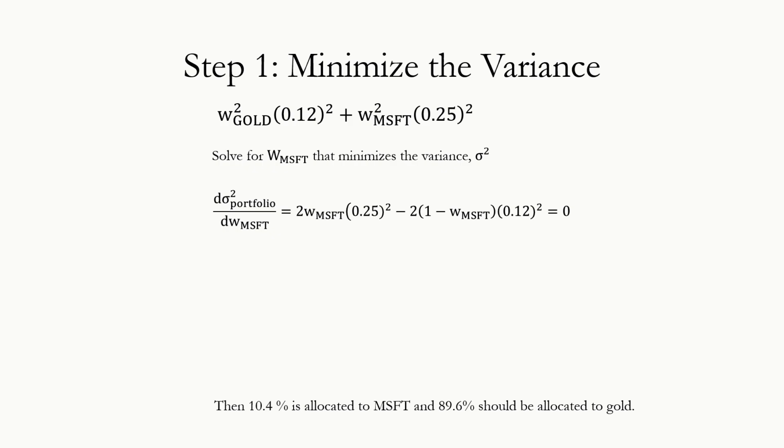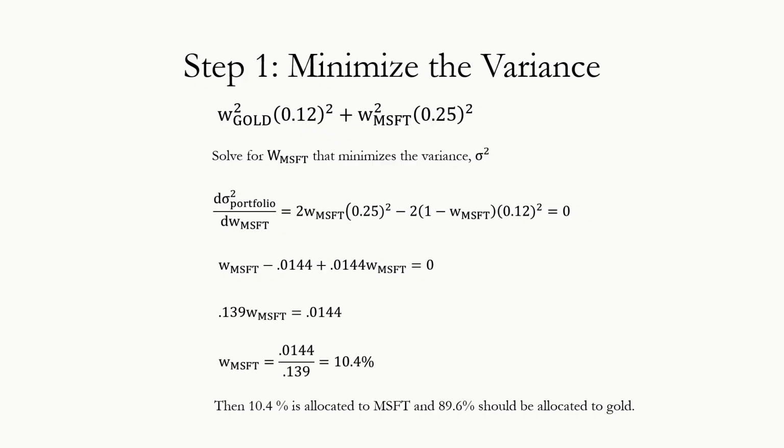And we set that equal to 0. Now we're going to just rearrange some terms, and we finally get the weight of Microsoft is equal to 10.4%. Then 10.4% is allocated to Microsoft, and 89.6% should be allocated to gold, okay?